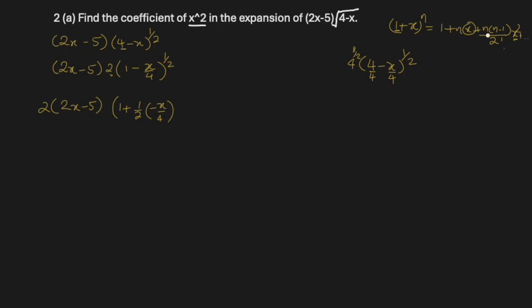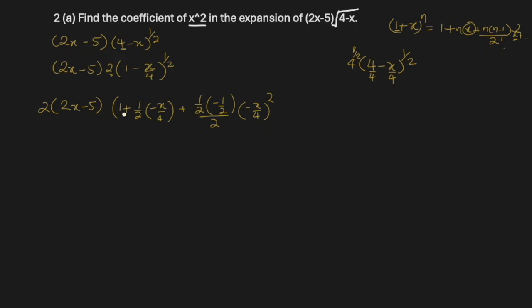Now, n, which is half again, multiplied by n minus 1. Half minus 1 is minus half. Divided by 2 factorial, which is just 2. In place of x square, we will write minus x over 4 to the power 2.